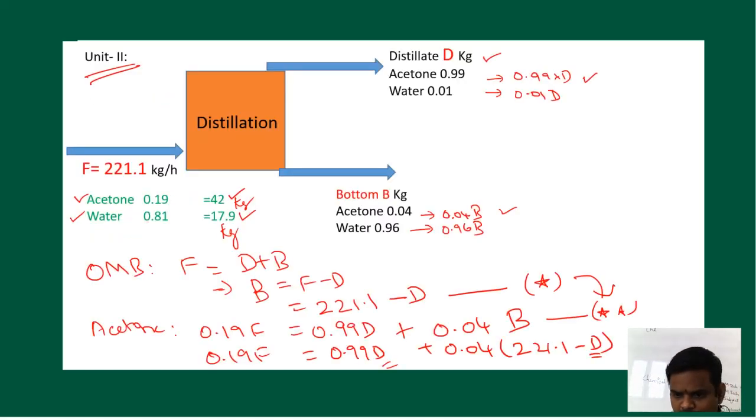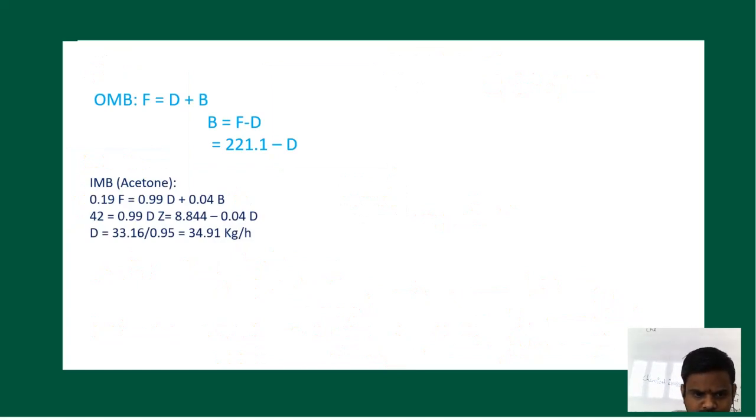So we get the D value as 34.91 kg per hour, right?